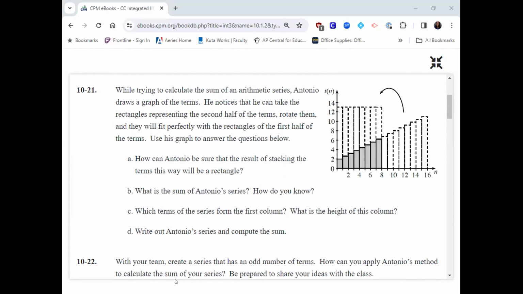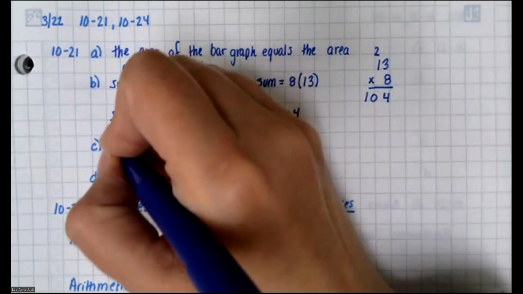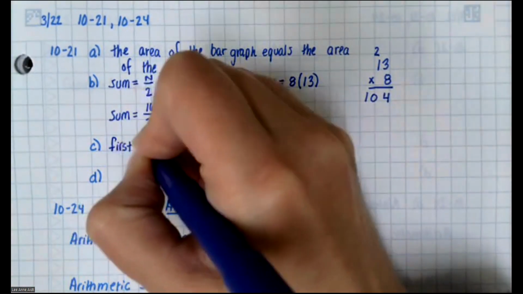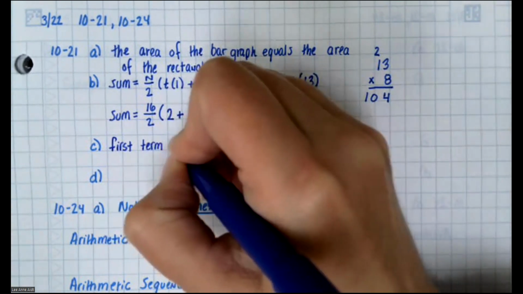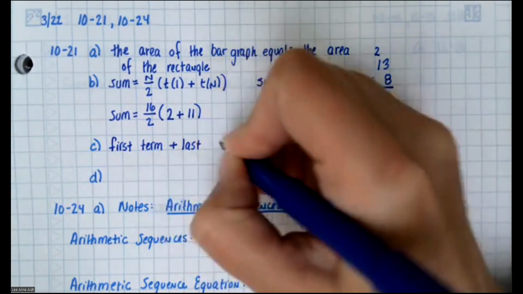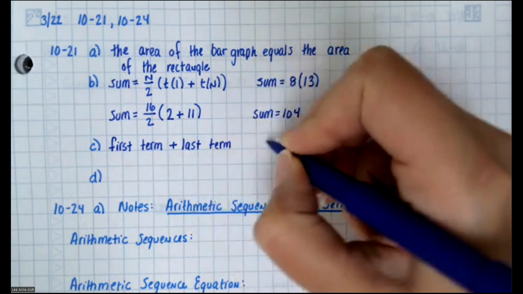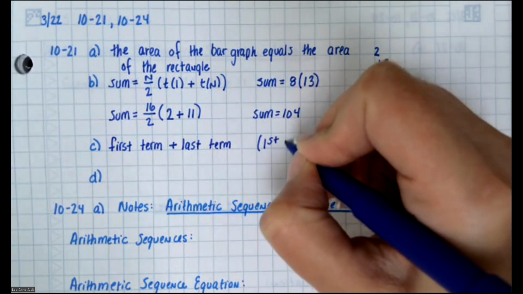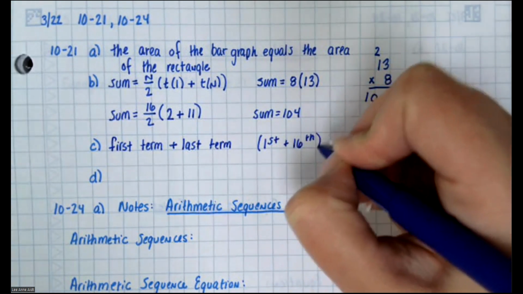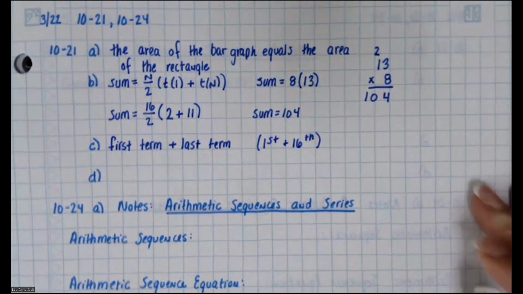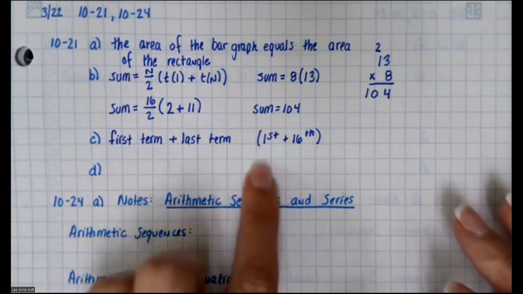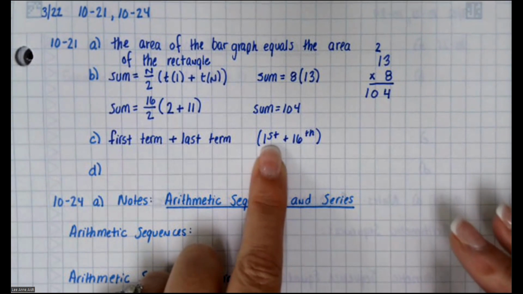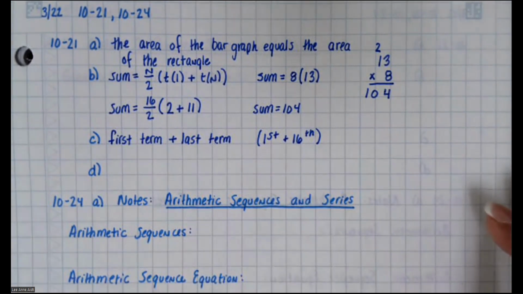Oh, am I trying to make sense out of Gauss right now? Okay, so first term plus last term, which in this problem would be the first term plus the 16th term, which happened to be 2 plus 11.